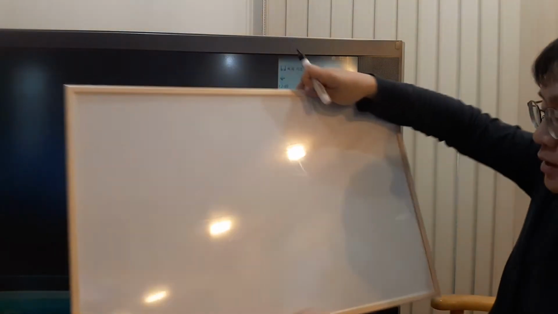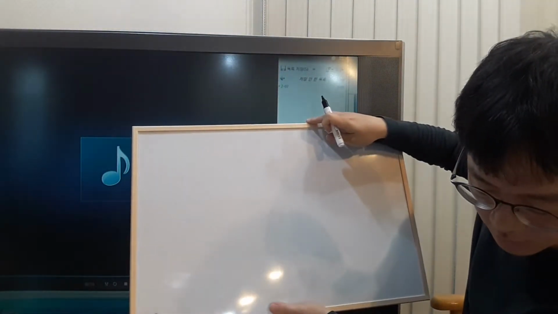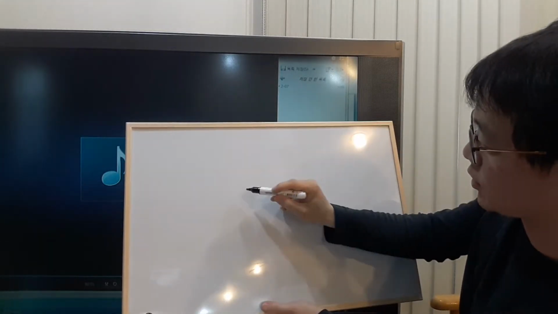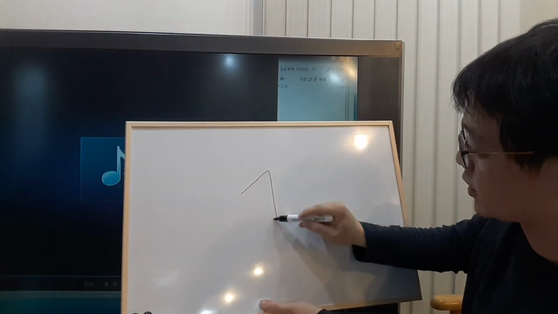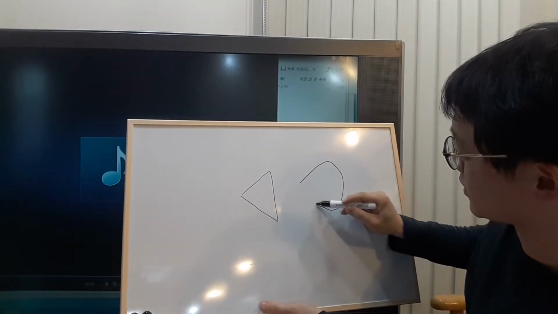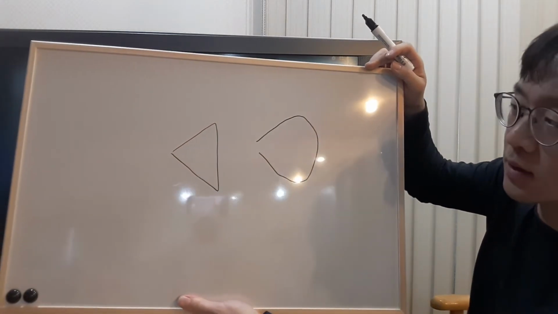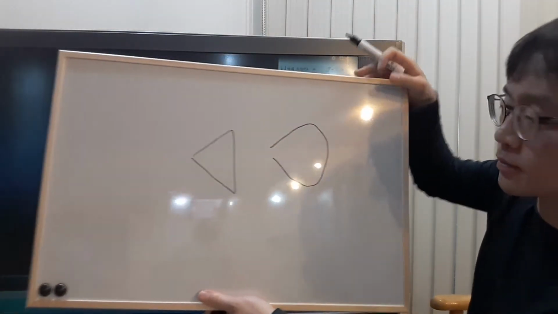This means this. The shape is triangular, okay? But the end is rounded. So it's this shape right here, okay? You see it?